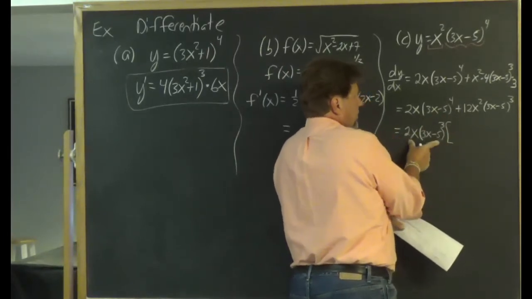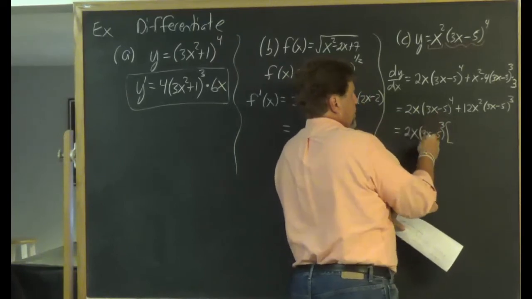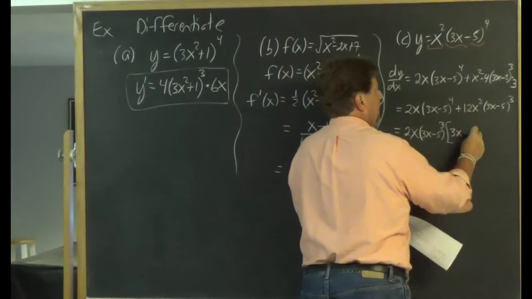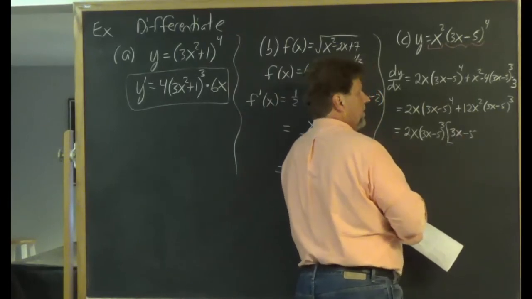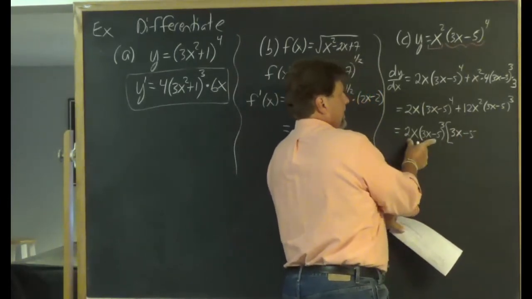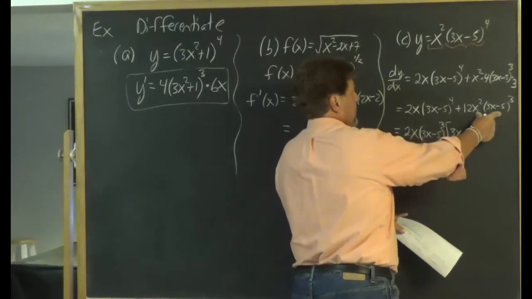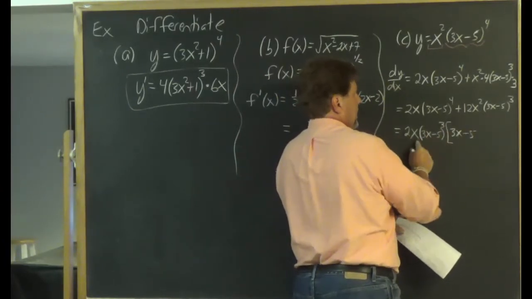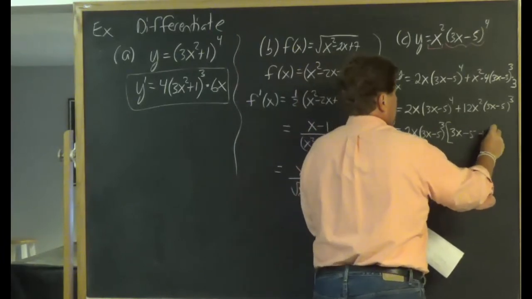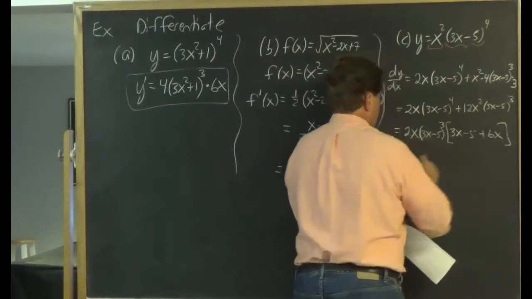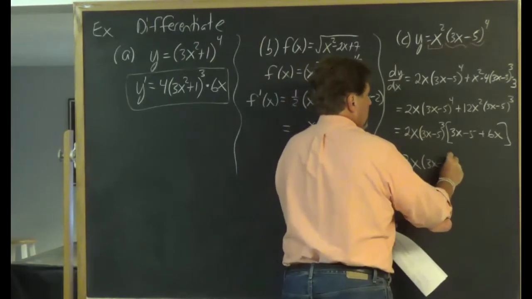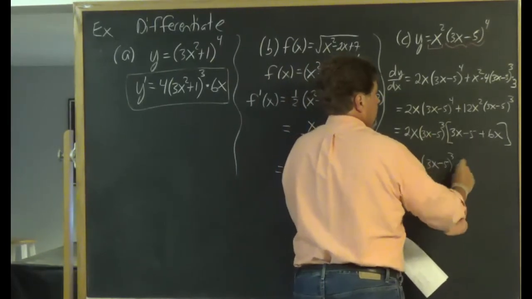If I factor this out of the first term, I'm just left with 3x minus 5 to the first power, so I could just write that as 3x minus 5. If I factor this out of this term, I'm just left with a 6x. And I could eventually combine like terms.